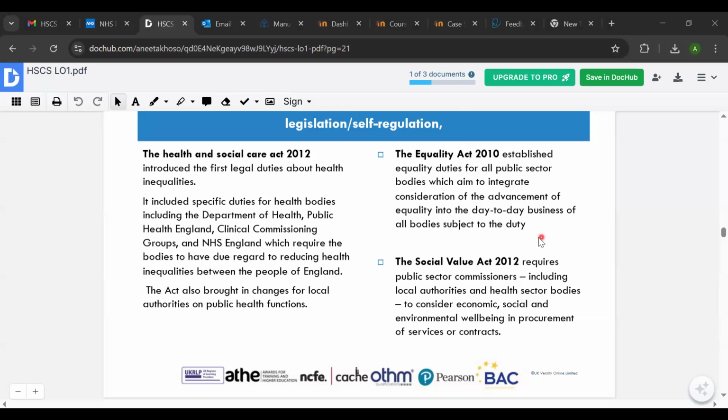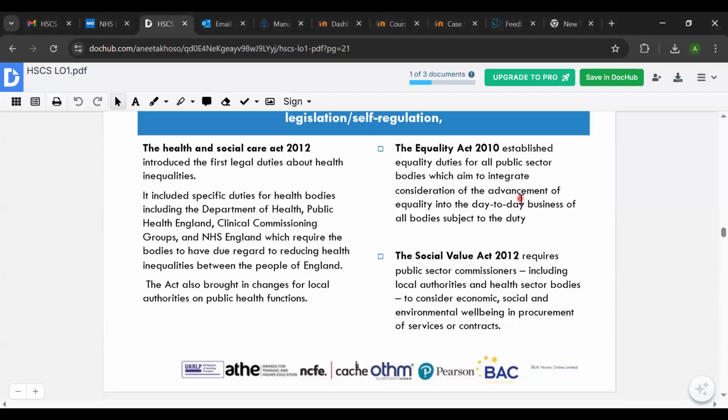And then we have the Social Value Act 2012, which requires public sector commissioners, including local authorities and health sector bodies, to consider economic and social environment well-being in the procurement of services or contracts. So these are 3: the Health and Social Care Act 2012, the Equality Act 2010, and the Social Value Act 2012.